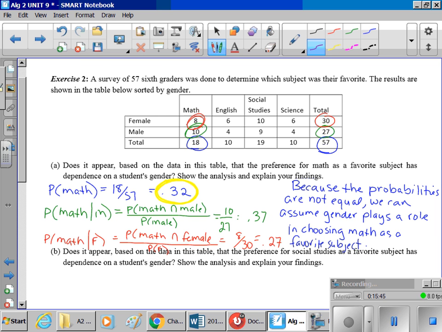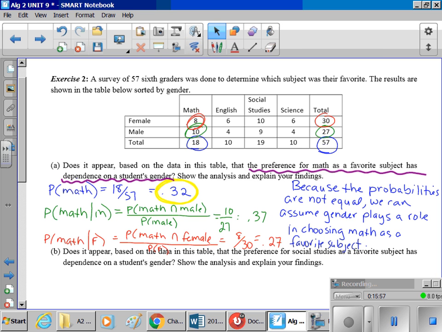So you might want to say, the preference for math as a favorite subject has dependence on a student's gender because, all right? So you can use some of the wording from the question in order to answer it, if by chance you're really not able to think of the wording that's necessary.